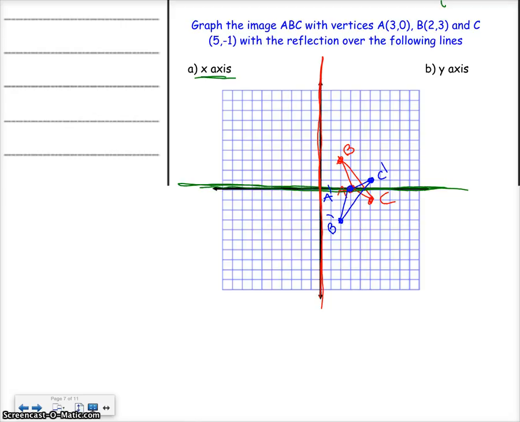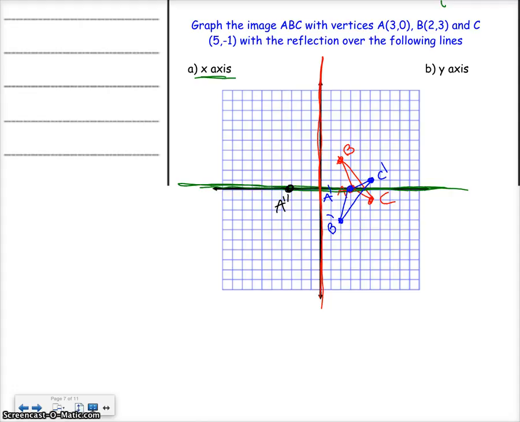Okay, so going back to my red pre-image, how far away is my point A from the y-axis? Tell me. 1, 2, 3. So A prime is going to be 1, 2, 3 away in the opposite direction. Just kidding, it's a double prime because it's my second one.